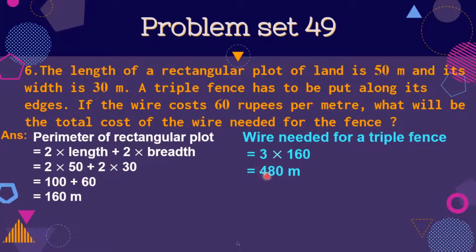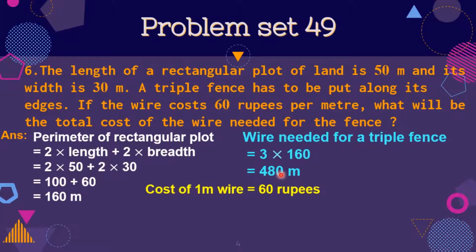Now let us find out the cost of fencing. We know that cost of 1 meter wire is equal to 60 rupees. So to find out the cost of 480 meter wires, we need to multiply 480 by 60.